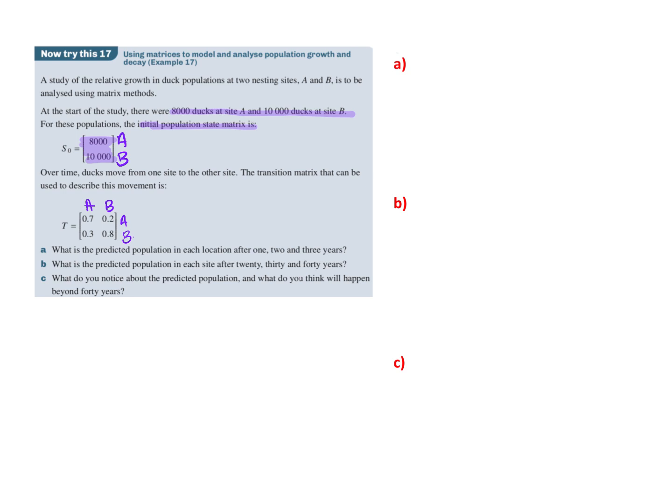So we could just do the normal way if you like, but I'm going to do it using the N formula. So I'm going to use this one where we do the power trick every time. So if I'm finding S1, it's simply the transition times the S0.